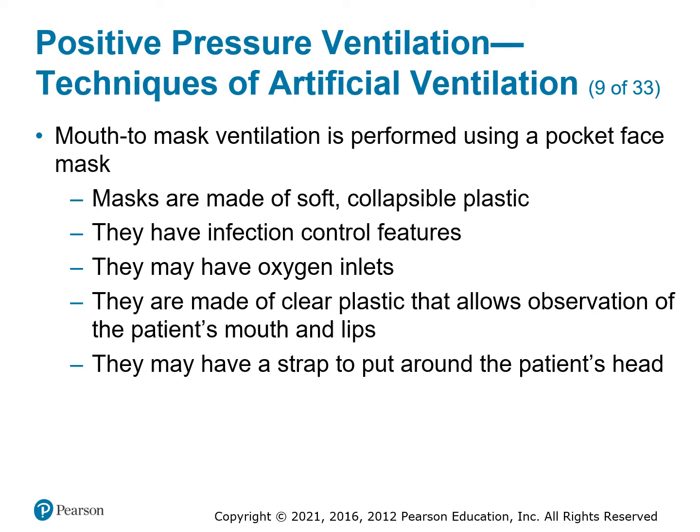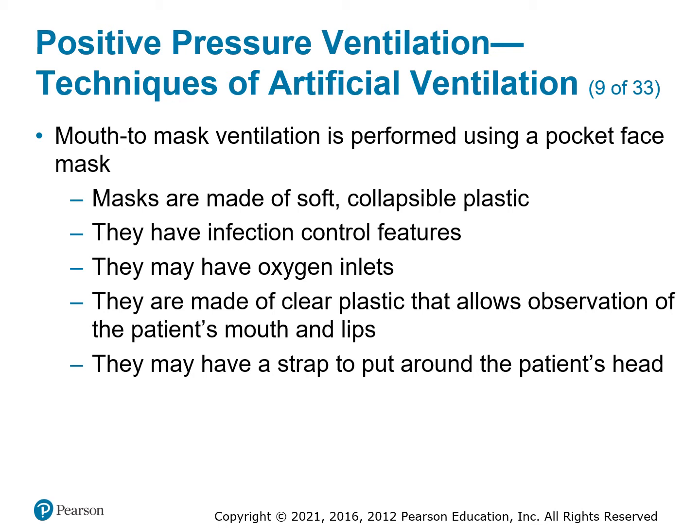I mentioned this before with the mouth-to-mask ventilation, and I want you to understand that these are typically made of soft collapsible plastic. They do have infection control features, being a filter to protect you from any contaminant from the patient. They may have an oxygen inlet where you can actually attach supplemental oxygen to them.